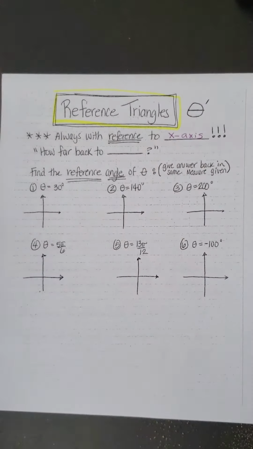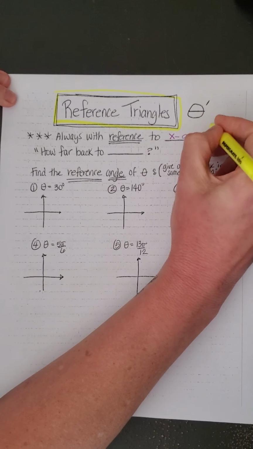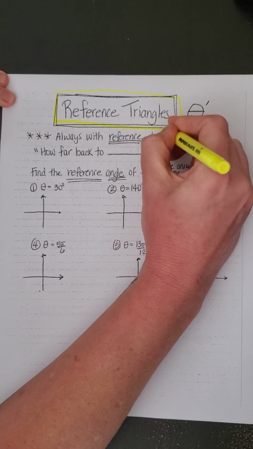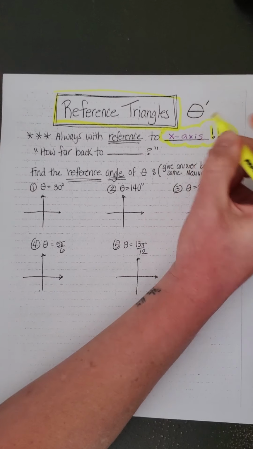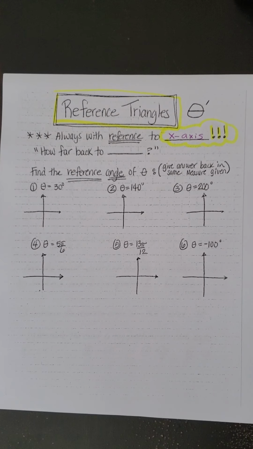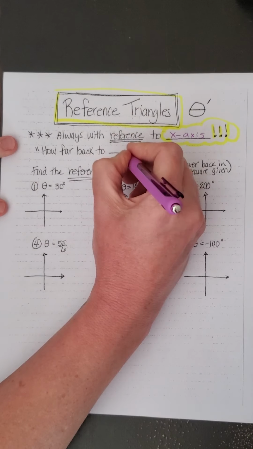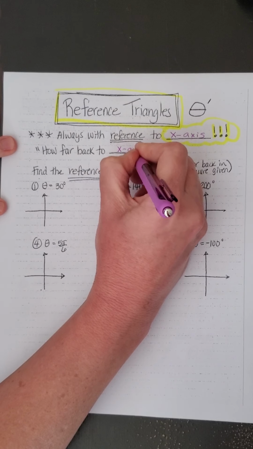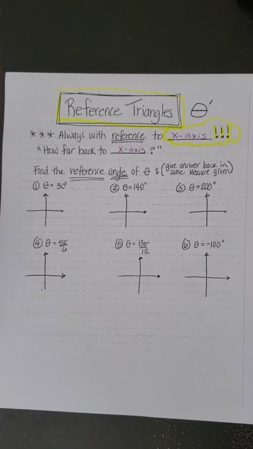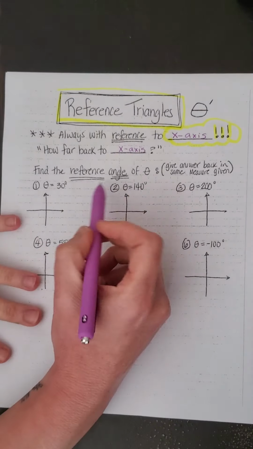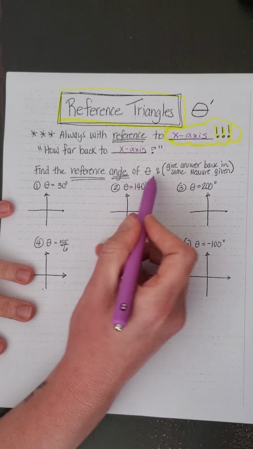And you notice that this person thinks this is super important because they have literally put 3 exclamation points. And you should be thinking, how far back to x? To the x-axis. And that is your theta, right? How far back?